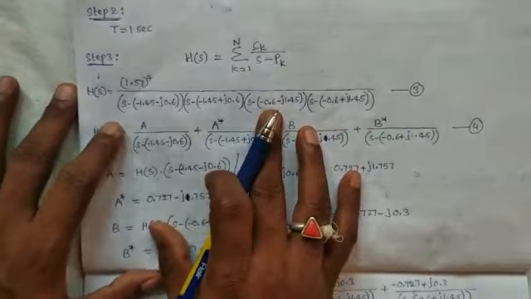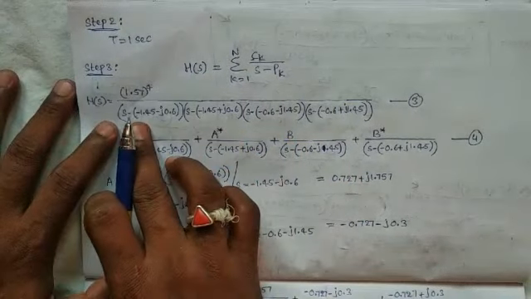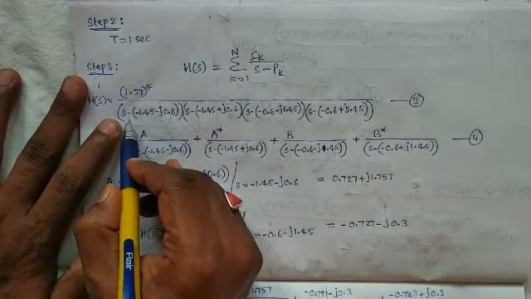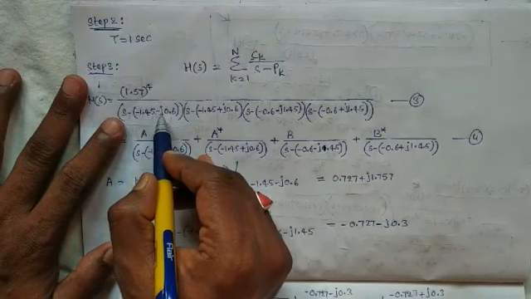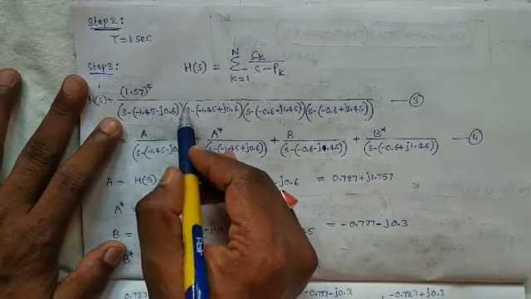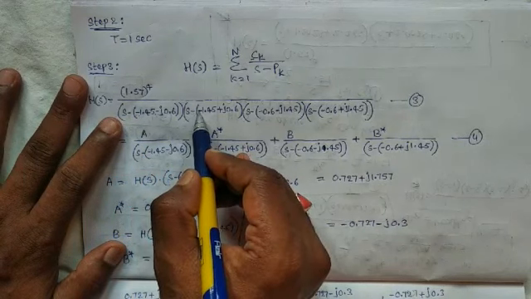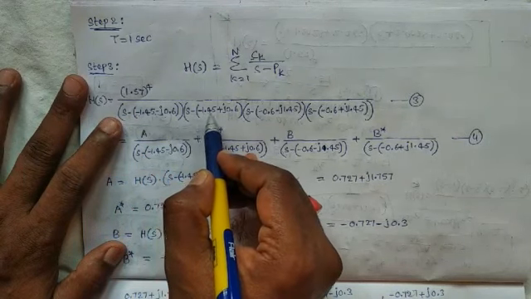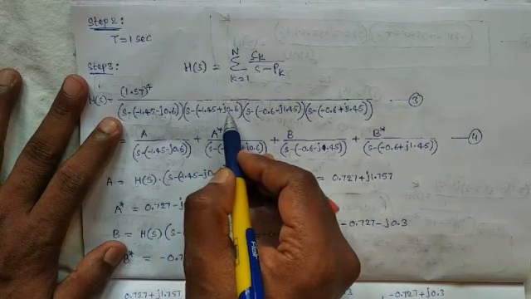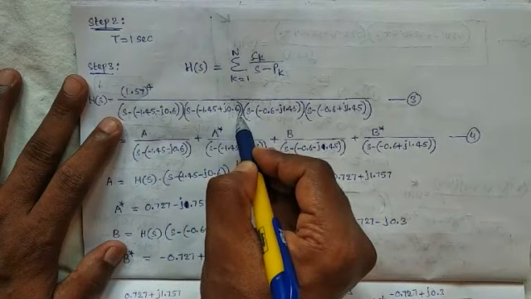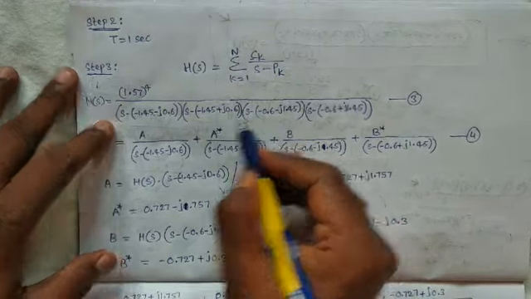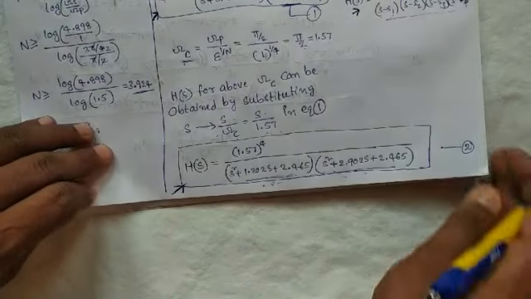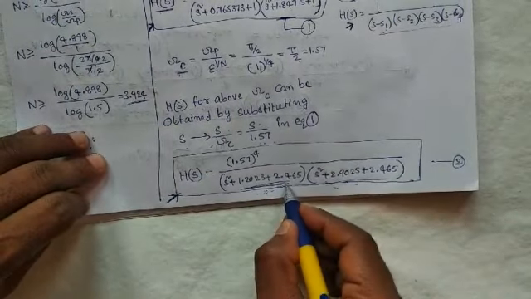The factors are s minus (minus 1.45 minus j 0.6) into s minus (minus 1.45 plus j 0.6) for the first quadratic.